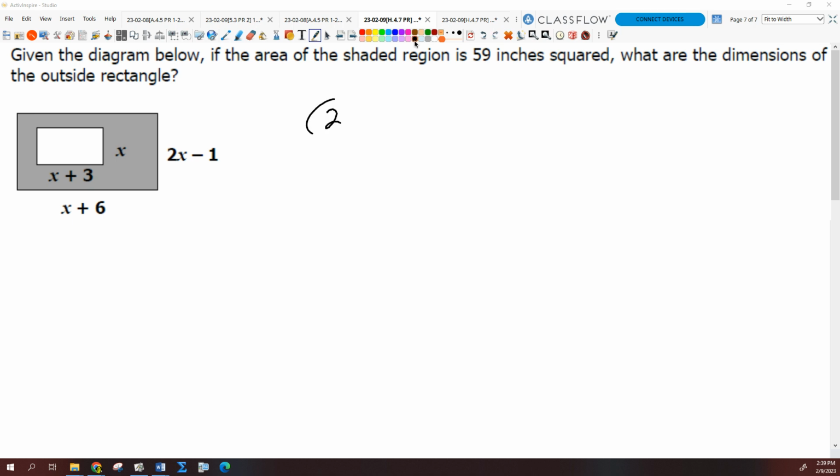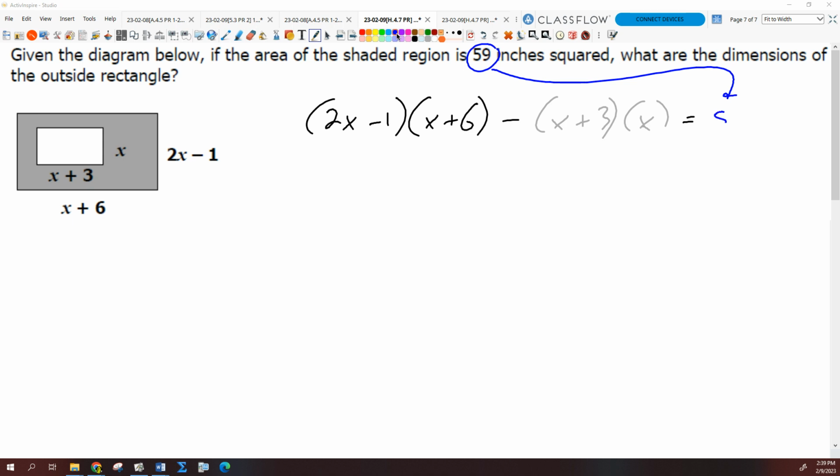Okay. So the big area, wouldn't that just be 2x minus 1 times x plus 6, minus the small area, x plus 3 times x, has to equal 59, right? So what good does that do for us?